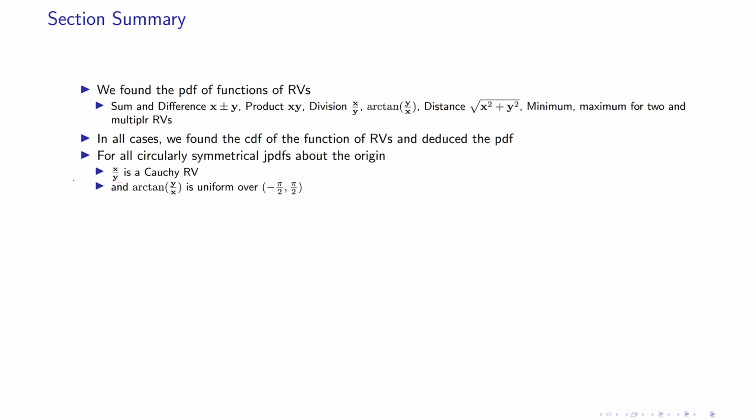And then the arctangent of Y divided by X has a uniform distribution. This is the first arctangent, which covers only between minus pi over 2 and pi over 2. If you use the second arctangent, the distribution of arctan of, let's say, X and Y is different.